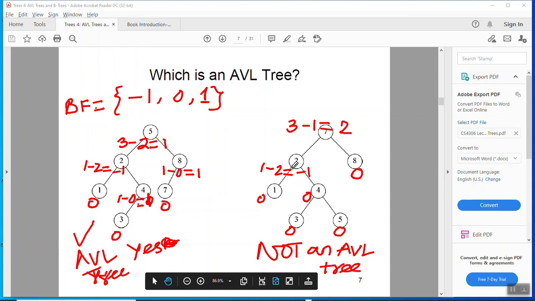For any given tree we can check whether it is an AVL tree or not, and by checking that we can tell whether it is a balanced tree or not.